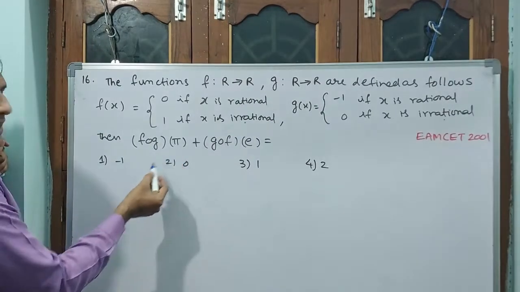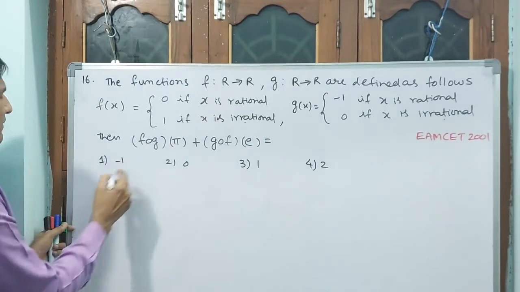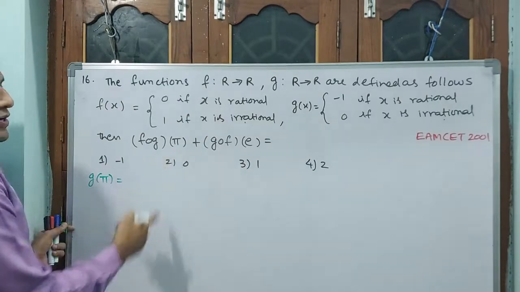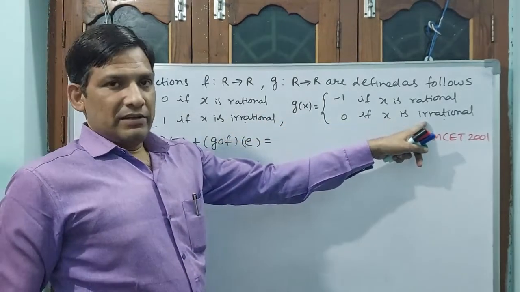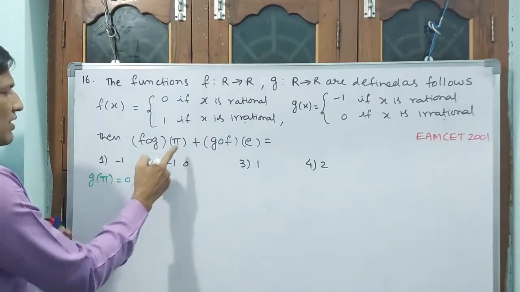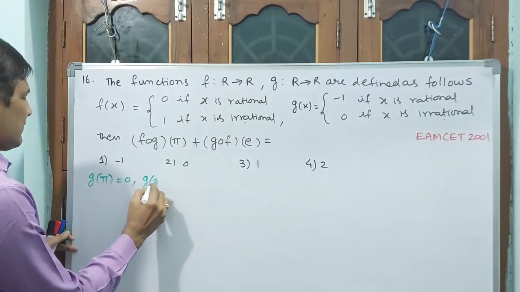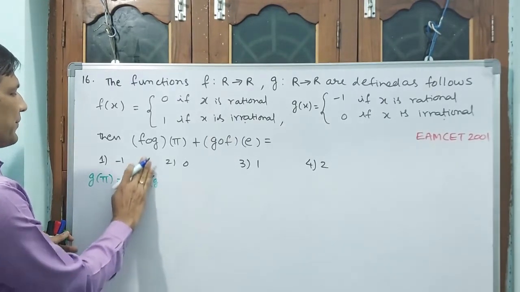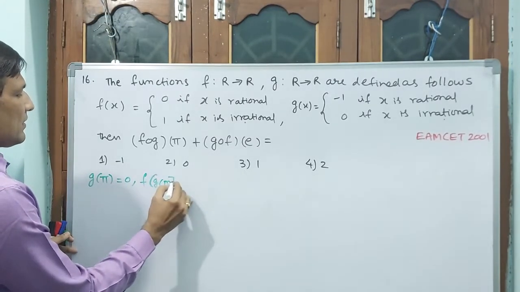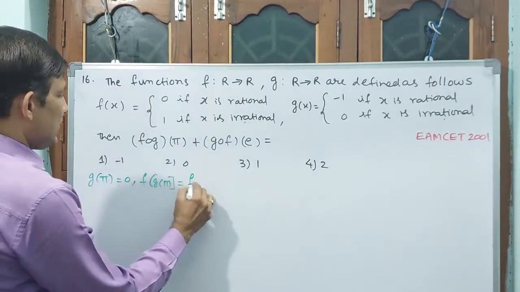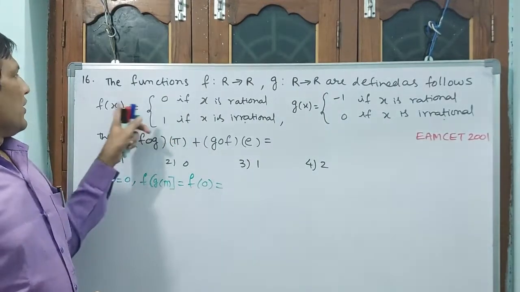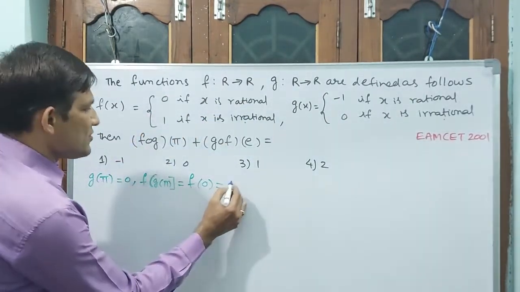See f of g of pi. First I am writing g of pi. In g, you are giving an irrational number, so 0 will come. Then f of g of pi is f of 0. 0 is a rational number, and in f, if you give a rational number, 0 will come, that is 0.